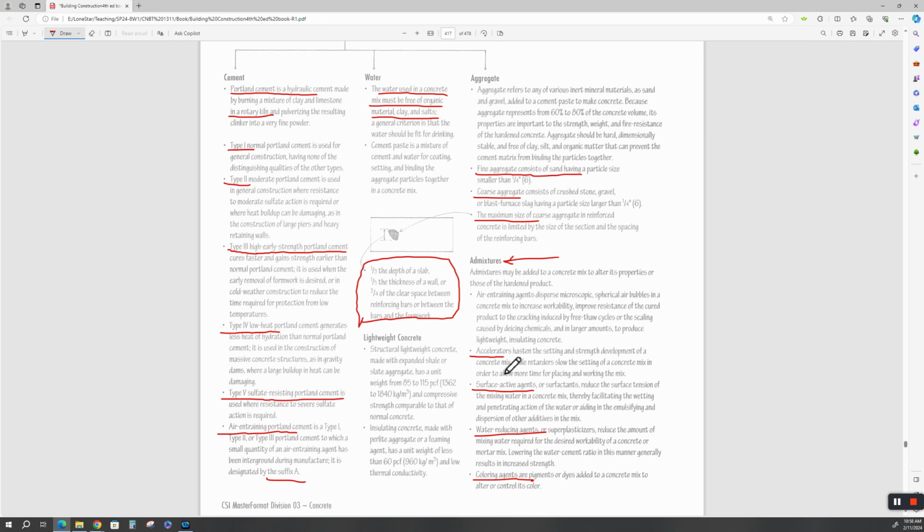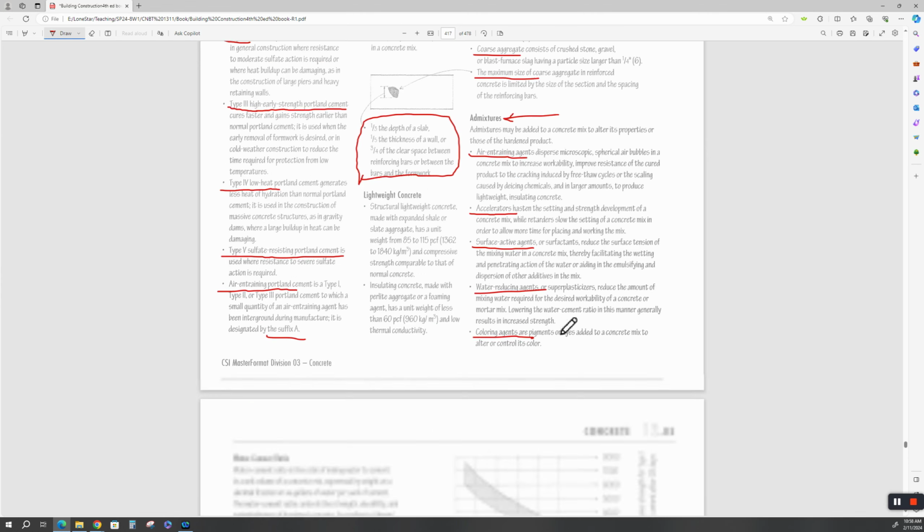You can throw the same coloring agent in one batch of cement out of a truck and then throw it in another one, and don't be surprised if the colors are not exactly the same. So how do you control that? Paint the bloody thing. All right. So here are all your different admixtures.